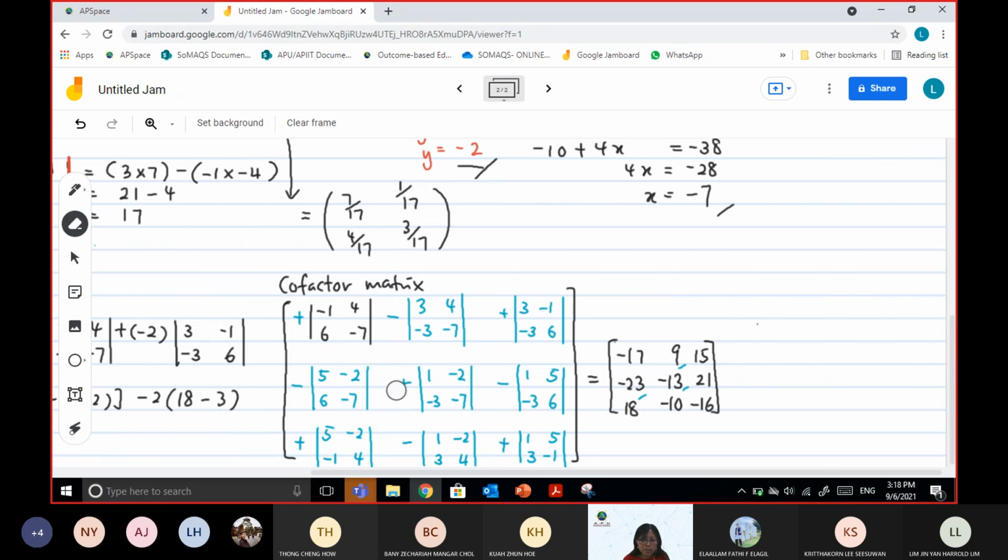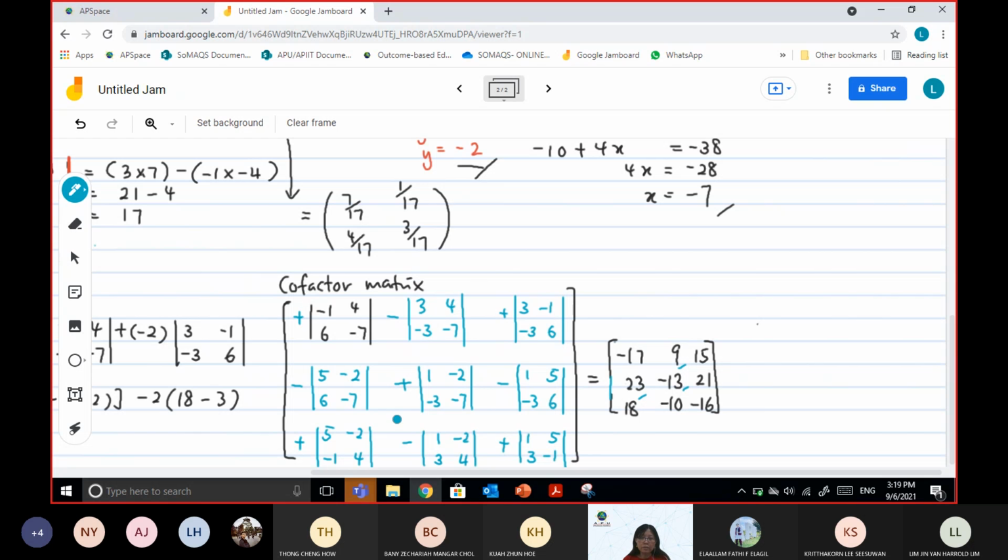Then next one: 5 times negative 7, negative 35 plus 12, so it's negative 23, then with a minus sign, so positive. Okay, correct.